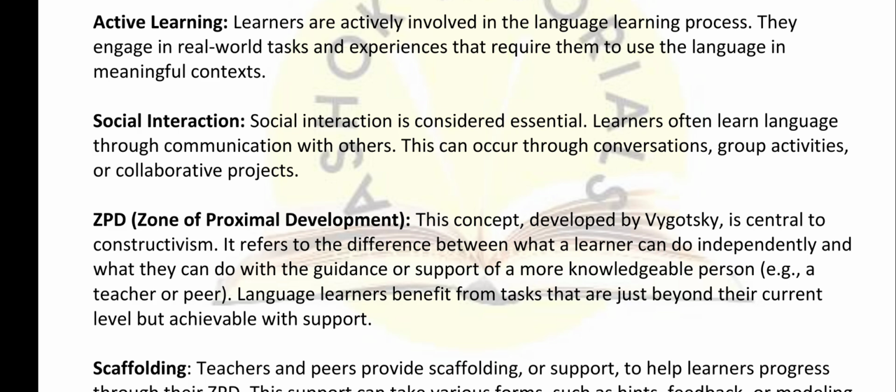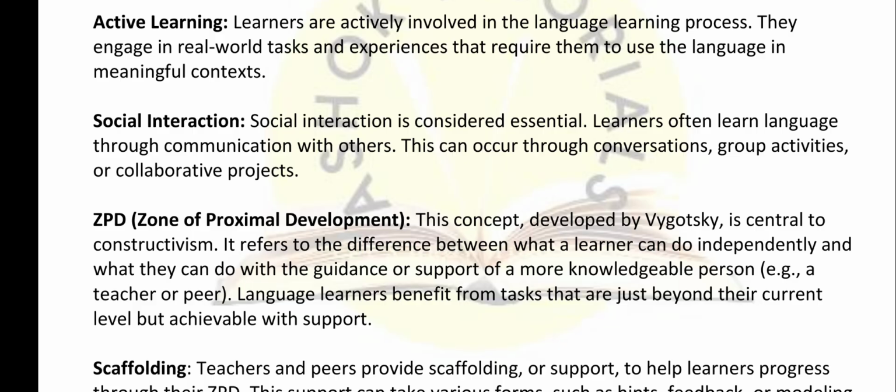So the learners are actively participating in the language learning process. They engage themselves in real world situations and experiences, and they interact with the environment in order to learn the language.